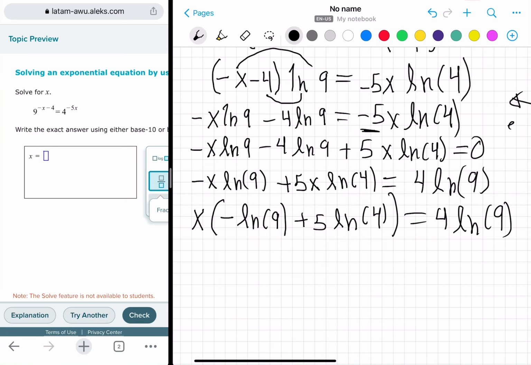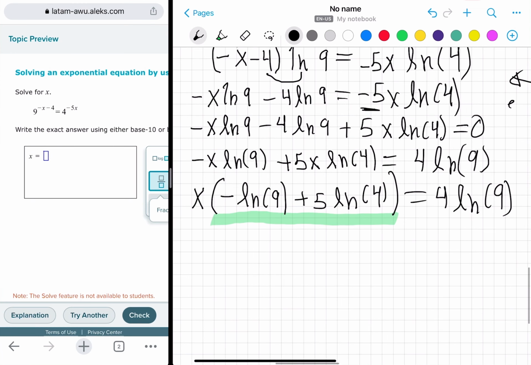And finally, I have a big number here that is not leaving my x alone, so I gotta move it from there. And because it is multiplying here, I will take it to the other side by dividing. So let's copy that.